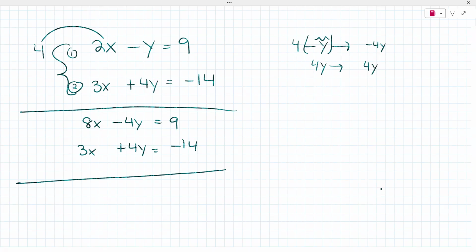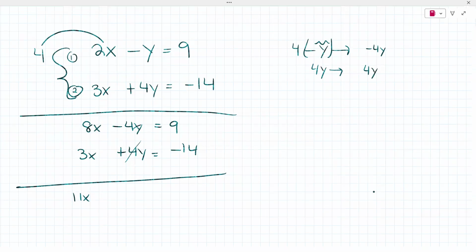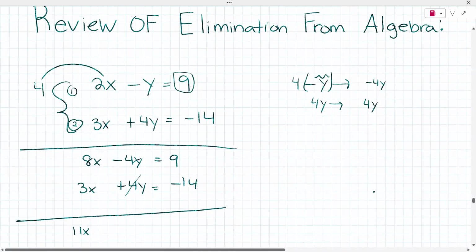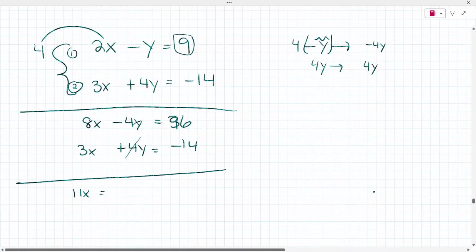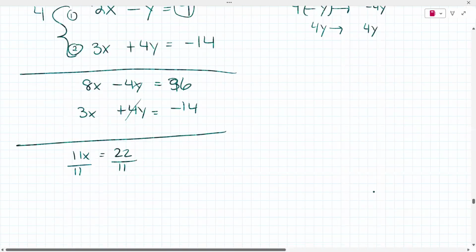So this would be 11x, the y's cancel, and 36 plus negative 14 is 22. So x is going to be 2.